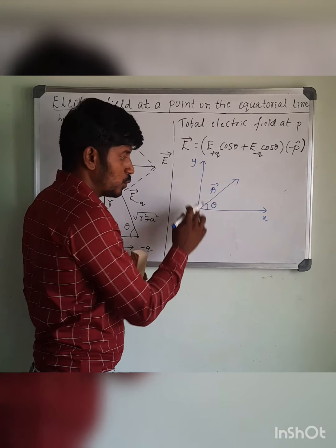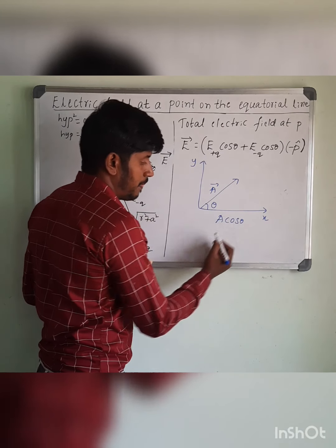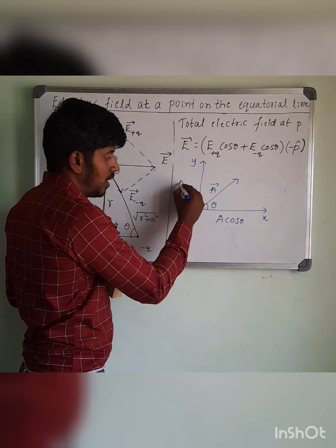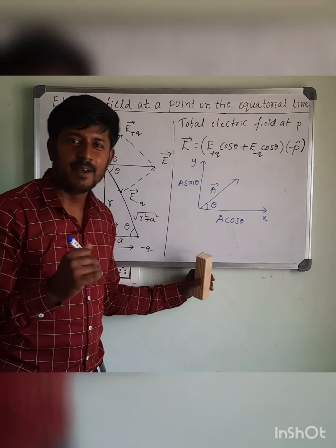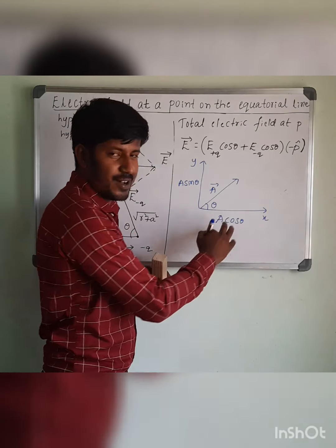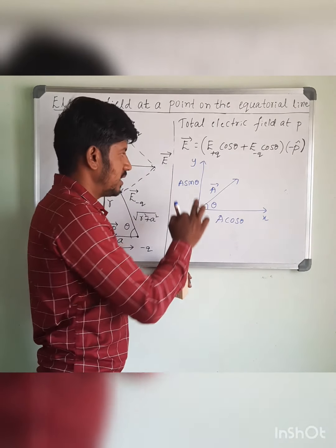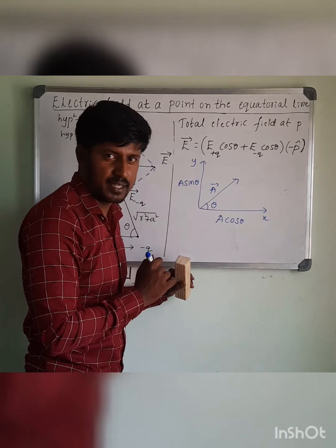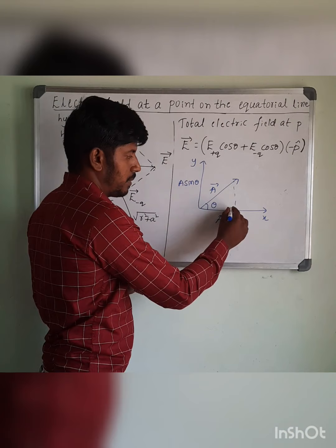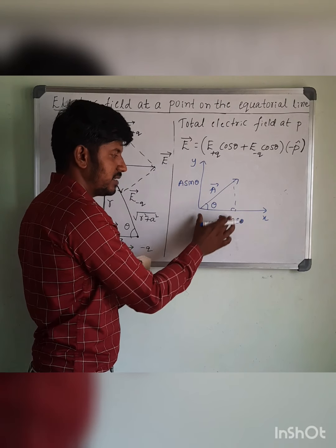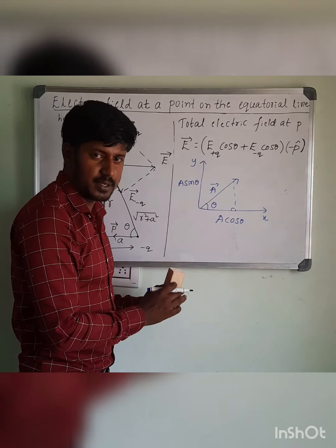So it has two components. One component along the x-axis is a cos theta, another component along the y-axis is a sin theta. That's why we call the x-axis the cos axis. Always along the x-axis you will get cos theta, and similarly along the y-axis sin theta. I think you know the reason: if you draw a perpendicular line, this will be the adjacent, so you always get cos theta. That's why the x-axis is cos theta.